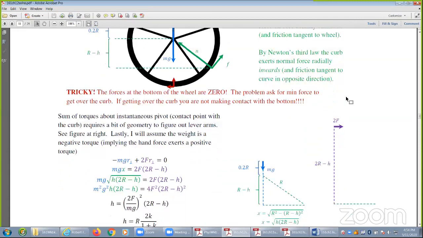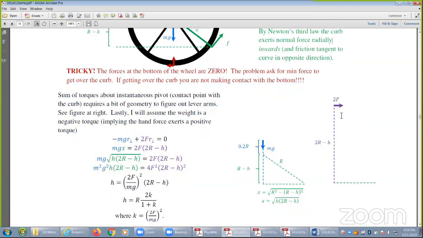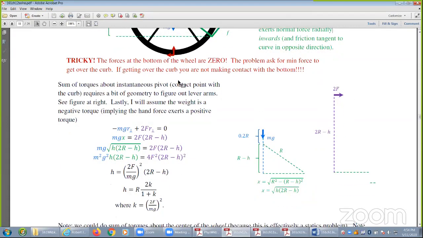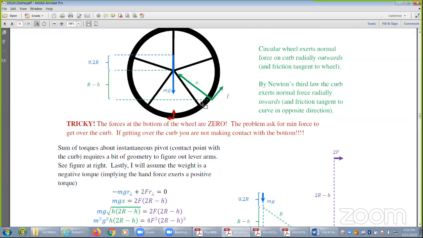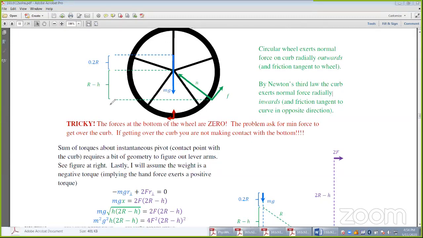And notice it's geometry, geometry, geometry. So if you could try and see this triangle right here, hopefully this makes sense. Remember that in this problem, this distance right here was called h in the problem statement. Right? We were told that the curb has height h.